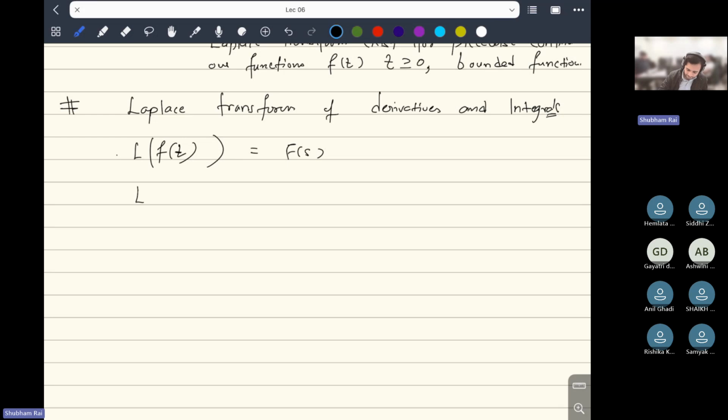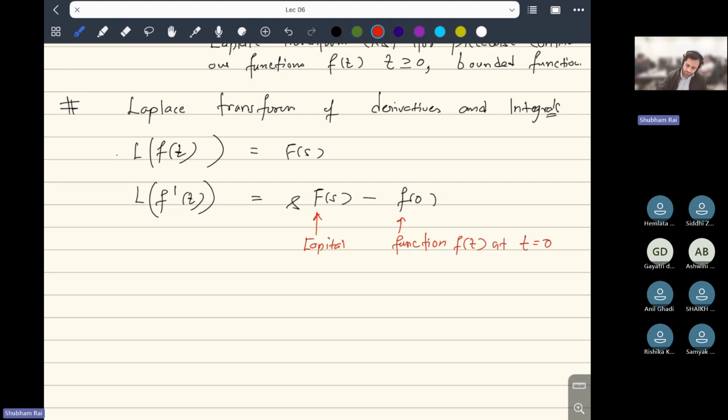Then what is the Laplace transform of f prime of t? That will be s times F of s minus f of 0. Please notice that this capital F of s is the Laplace transform of f of t, and this small f of 0 means the function f of t evaluated at t equal to 0.